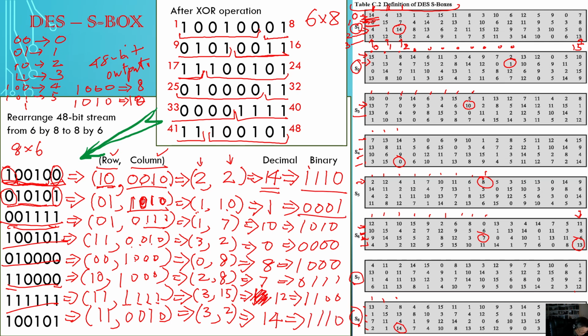So now you got these binary numbers, each has 4 bits. So now you can see each 6 bits is going to convert into 4 bits with the S table. So that's a total of 32.